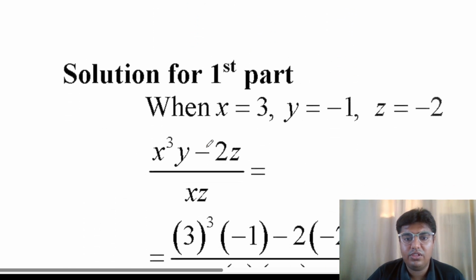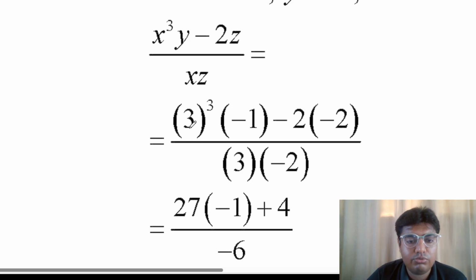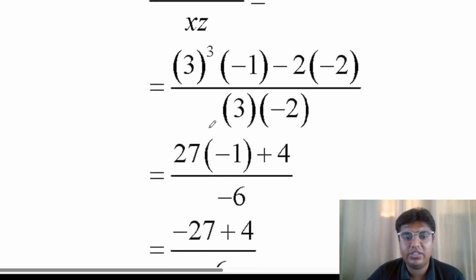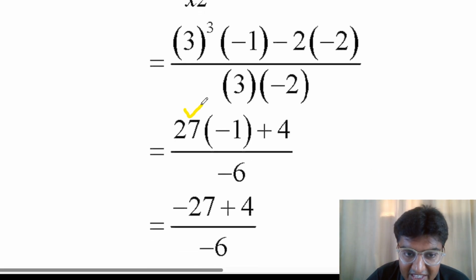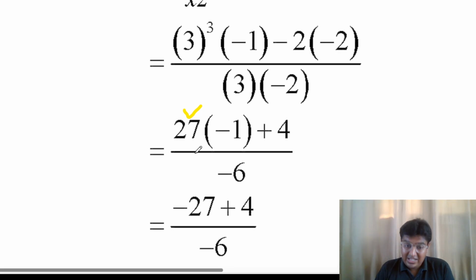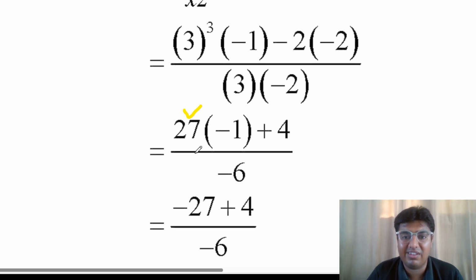So be careful that after putting the value, 3 power 3 means 3 multiplied by 3 multiplied by 3, it will become 27. It will not be 9. Be careful about this silly mistake. -1 will be just copied, because if you do all the steps in one single step, the chance of error increases.